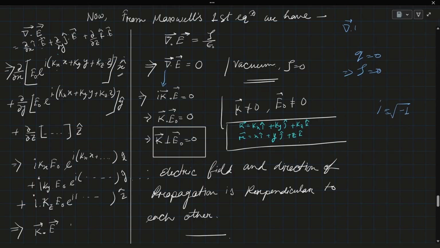Since i is not 0, k dot E will be 0. If k is not 0, since the wave is moving in some direction, and E naught is not 0, we get that k and E naught are perpendicular, because if two vectors are non-zero and their dot product is 0, then they are perpendicular.